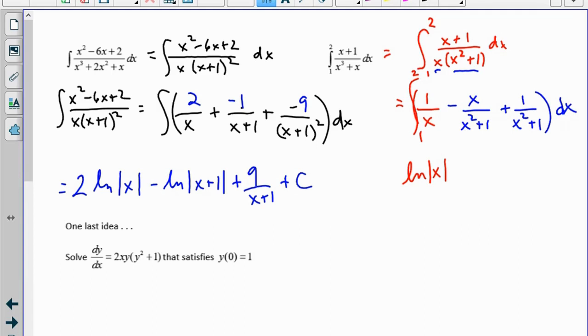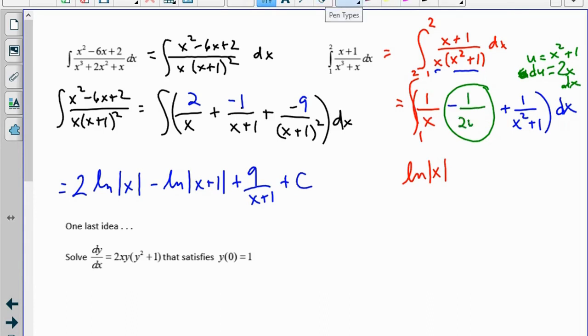And when we do that, the first one that I'm going to circle in green can be done with a u sub. So x squared plus 1 is u, du equals 2x dx. And so I can replace negative x over x squared plus 1 with 1 over 2u, and that's kind of like a mini du in there.